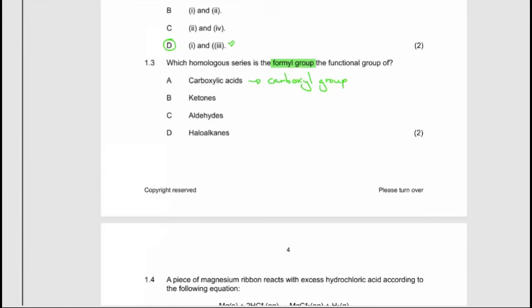Then for ketone, we have the carbonyl group. Then for option C, what we have is our formyl group. So we're looking for the one that has a formyl group, so option C is the correct answer.